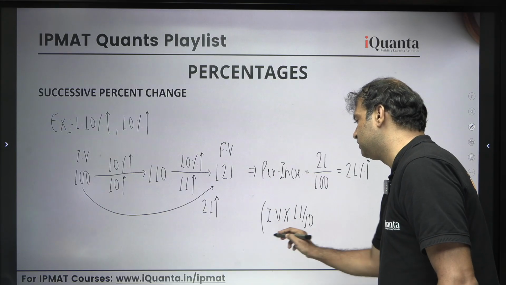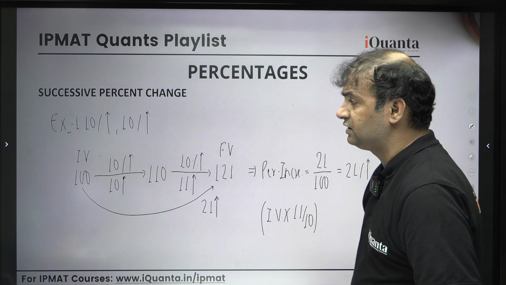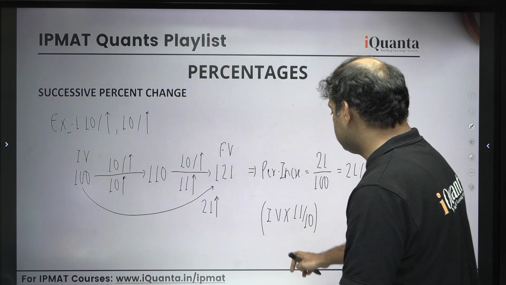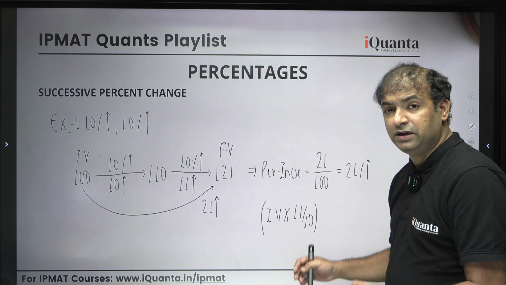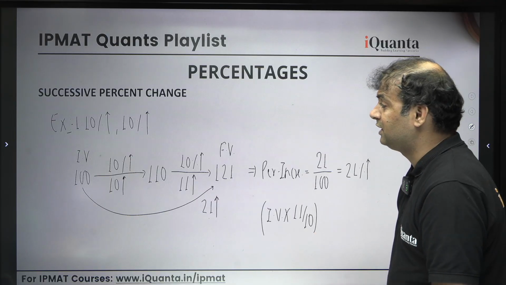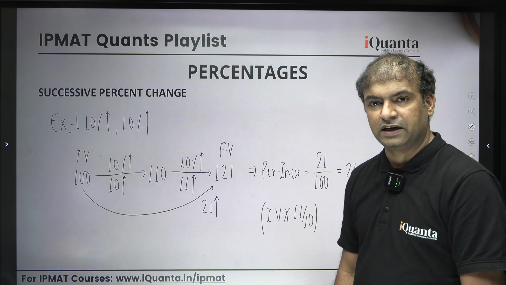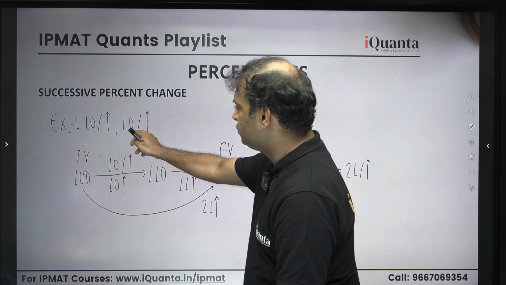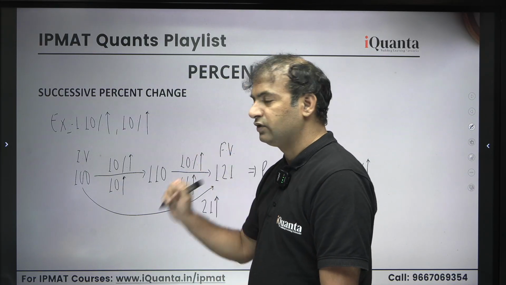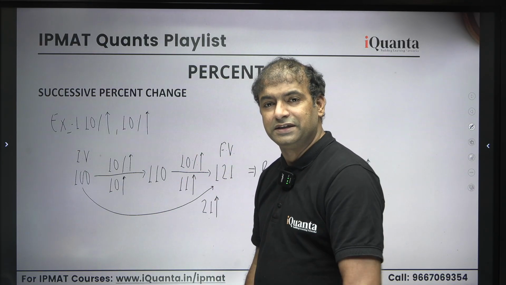Now this must be the final value of the first change and should become the initial value for the second change, right? So this is the initial value of the second change. That means now the multiplication factor should be multiplied to this value, right? And what is the multiplication factor for the second change? The second change is also a 10% increase, so the multiplication factor is again 11 by 10.